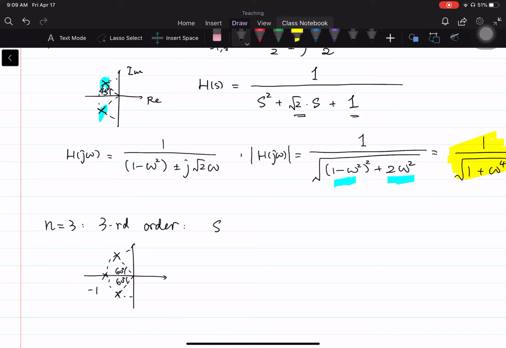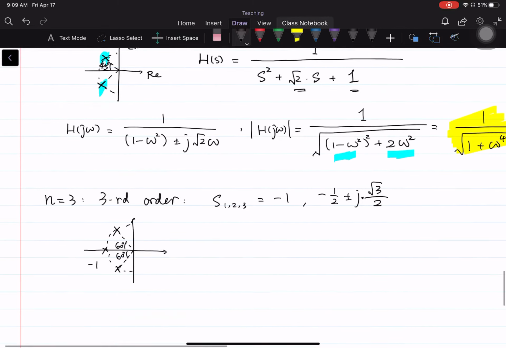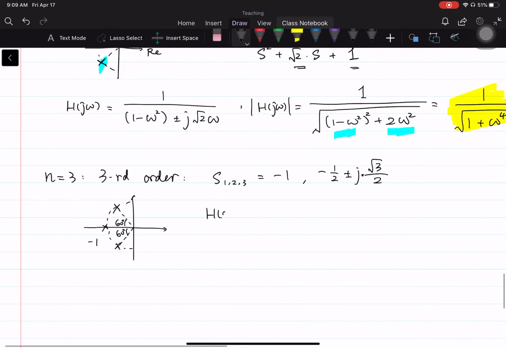And s1, s2, s3 will be -1, and -1/2 plus minus j square root of 3 over 2. And we have done this already, so I'll directly go into the transfer function, which is s cubed plus 2s squared plus 2s plus 1.